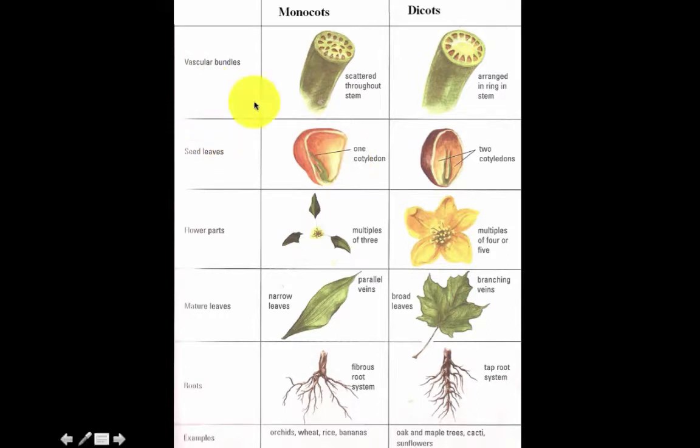Some examples of these are grasses, but also corn. If you ever see a corn kernel, you will know that when it germinates, it doesn't split up like a bean.